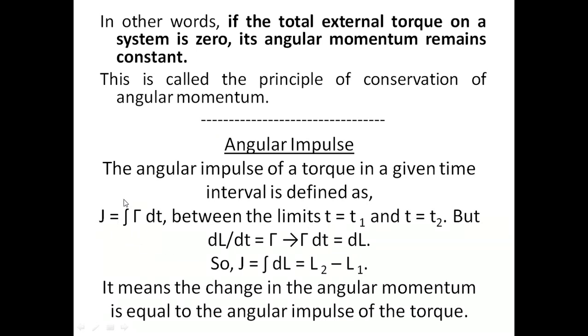Now J becomes integration of gamma dt equals integration of dL equals L2 minus L1, where L1 is the angular momentum at time t1 and L2 is the angular momentum at time t2. It means the change in the angular momentum is equal to the angular impulse of the torque.